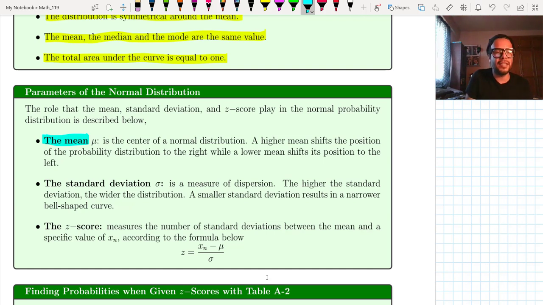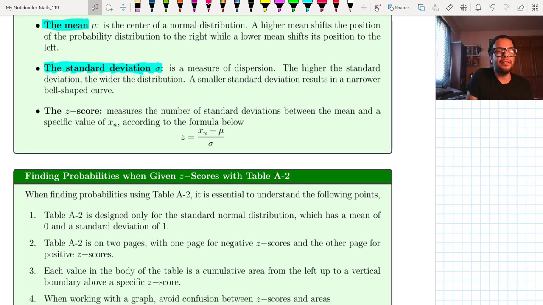And the standard deviation. You might remember these two parameters from when we covered the empirical rule, and we had some trouble with the empirical rule when we didn't know exactly the probability somewhere in between standard deviations. In this case, we will be able to find the probability for every single random variable. And in this case, the z-score.